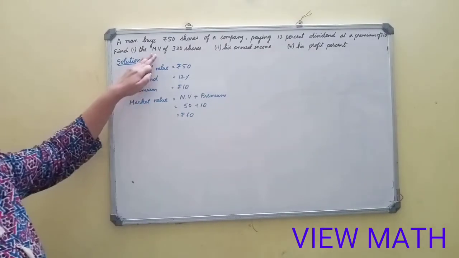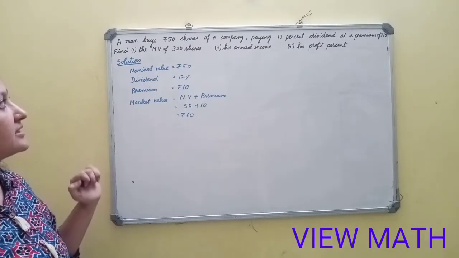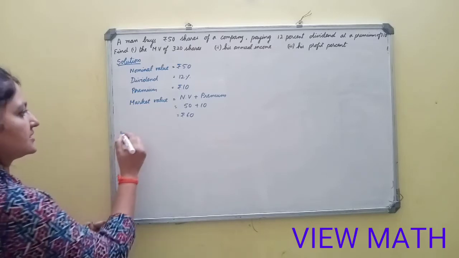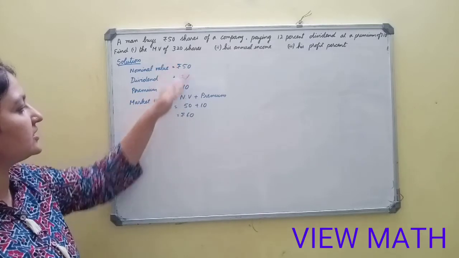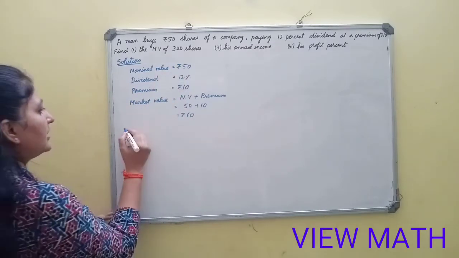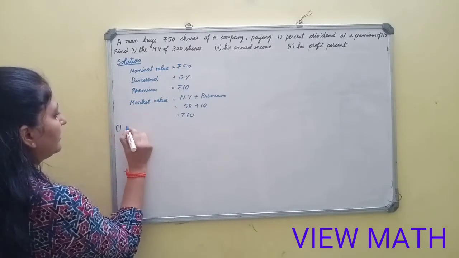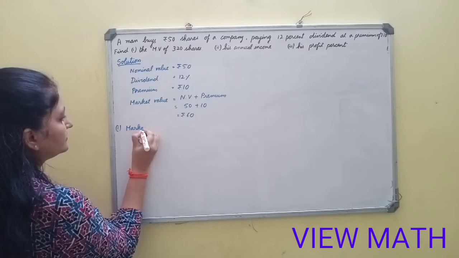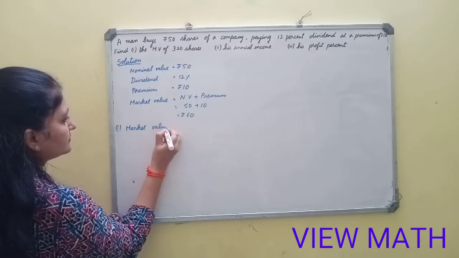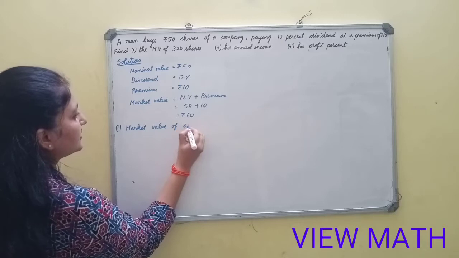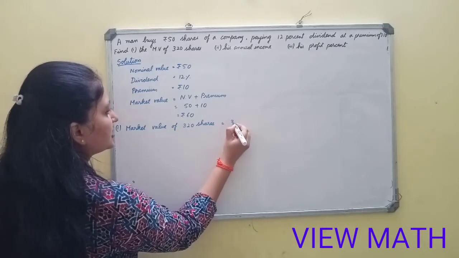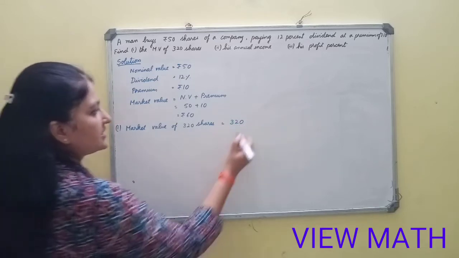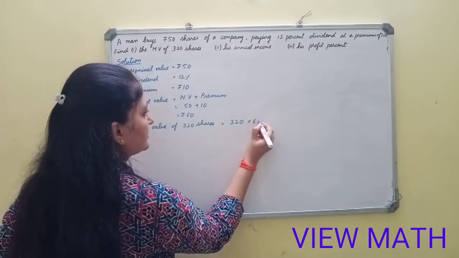Okay. Now, first subdivision they are asking us to find out market value of 320 shares. So for one share, the market value is 60. For 320, just you have to multiply, that's all. Market value of 320 shares is equal to 320 is the number of shares, and per share it is 60.